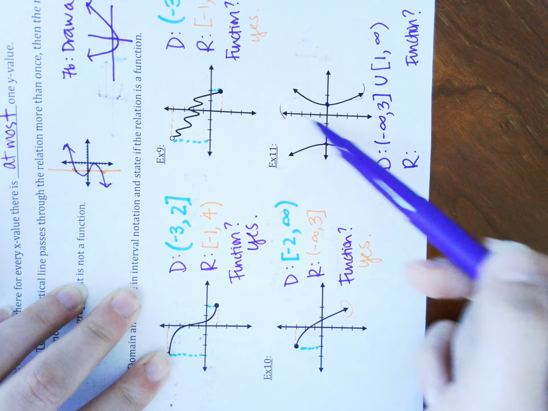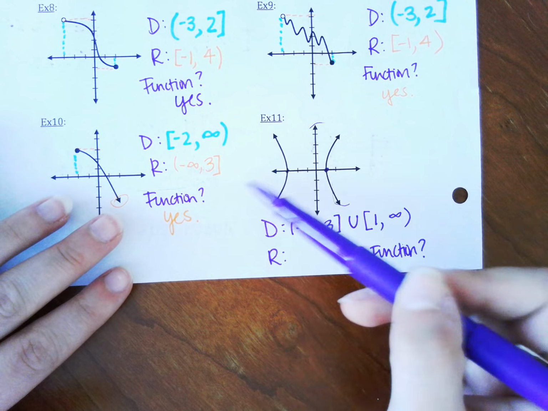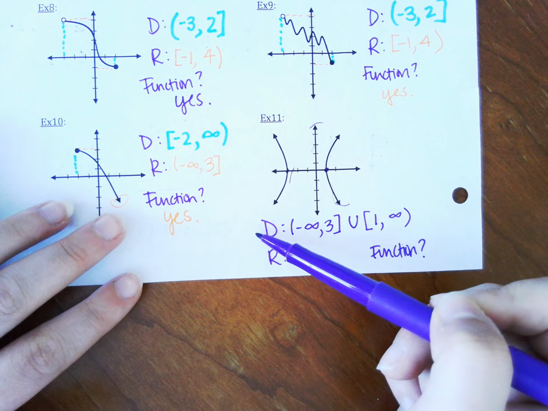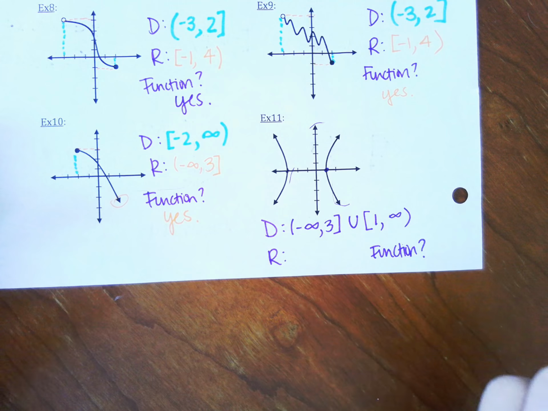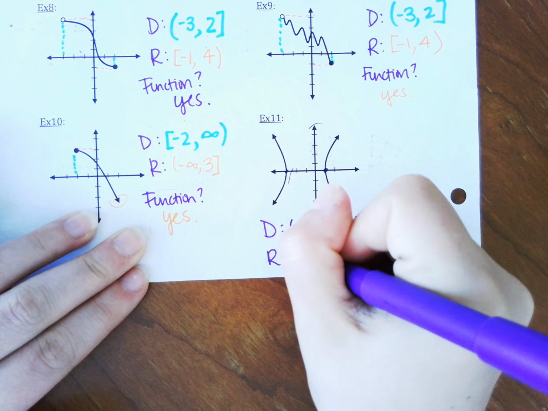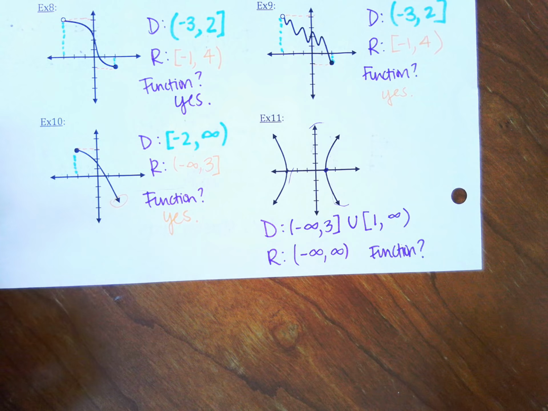This number line is extended forever. So there are no open holes in the graph for our range values. There are no y values that aren't present. We have an arrow that goes up to infinity, we have an arrow that goes down to infinity, and there's a y value on our graph for every one of those. So our range would be negative infinity to positive infinity.